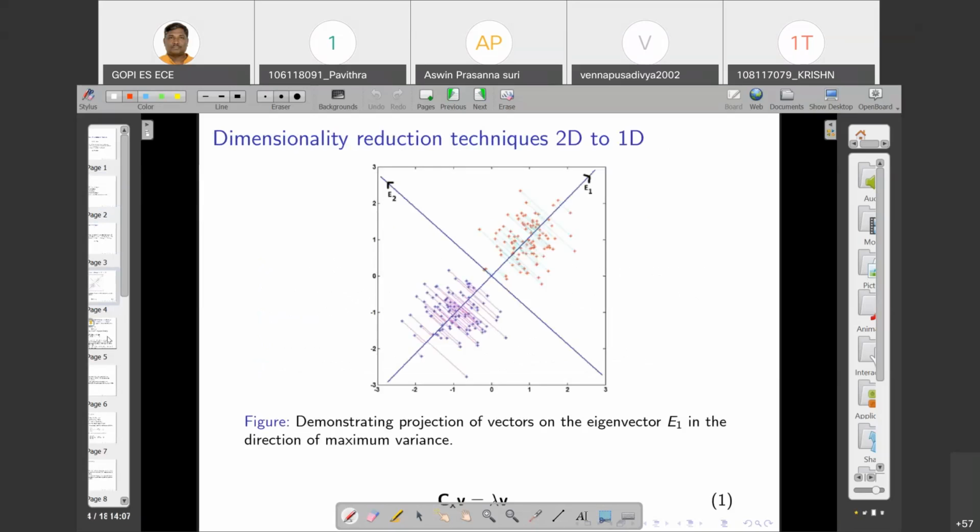We know PCA, finding the direction of maximum variance. This E1 and E2, where E1 is in the direction of maximum variance, is about PCA. We project that vector to that basis, right? So this is the thing.